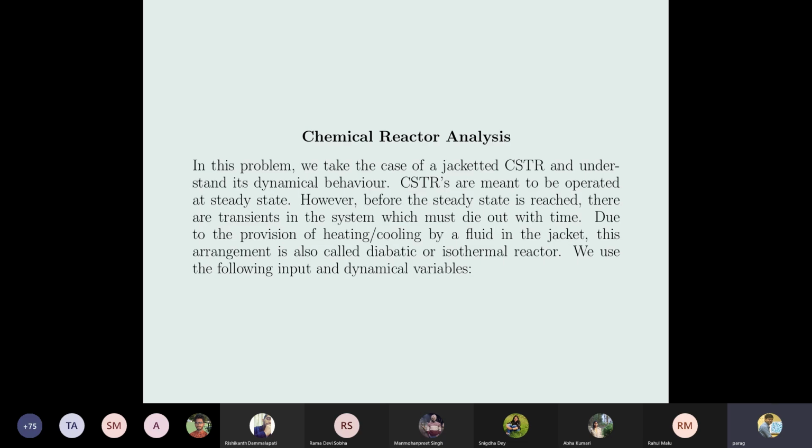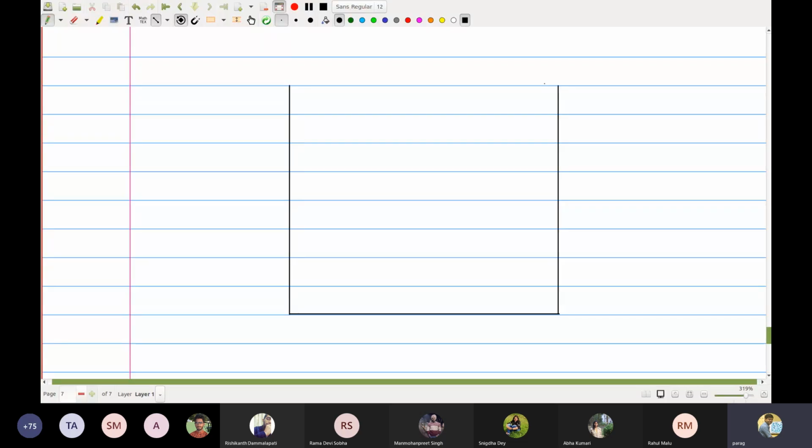So it's a jacketed CSTR. CSTR stands for continuous stirred tank reactor. Reactor is just a fancy term for a vessel in which reaction takes place. You don't need to worry too much about the term reactor, but it's a continuously stirred tank, which means that it would be equipped with a stirrer. So there would be a stirrer.